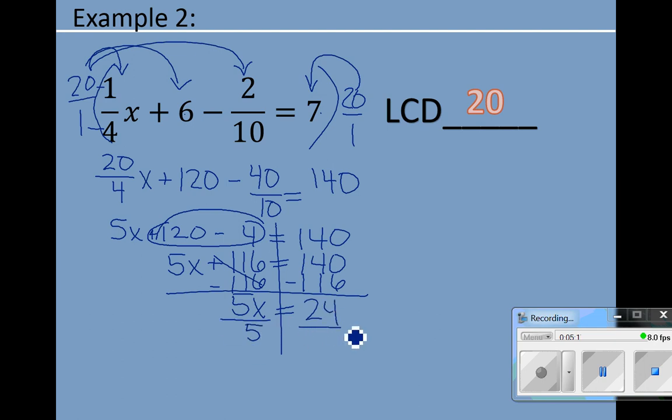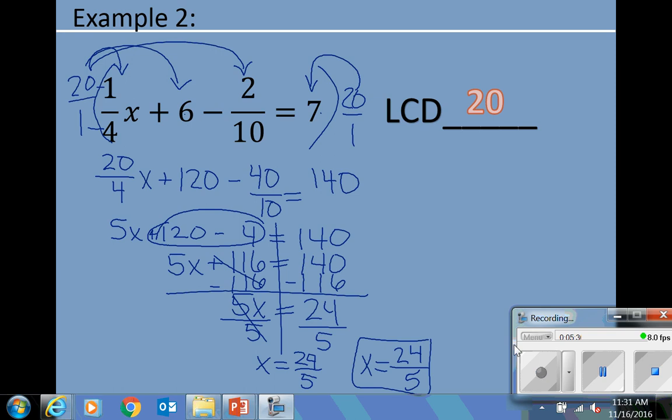Divide by 5. Divide by 5. X equals 24 over 5. I'm going to rewrite it again so it looks like a 24. And that is your final answer.